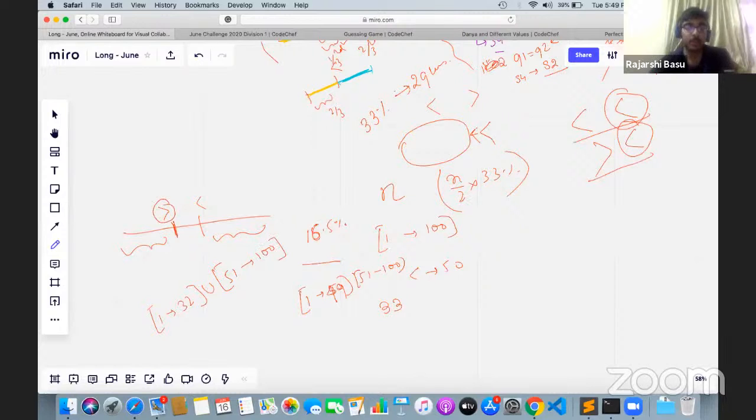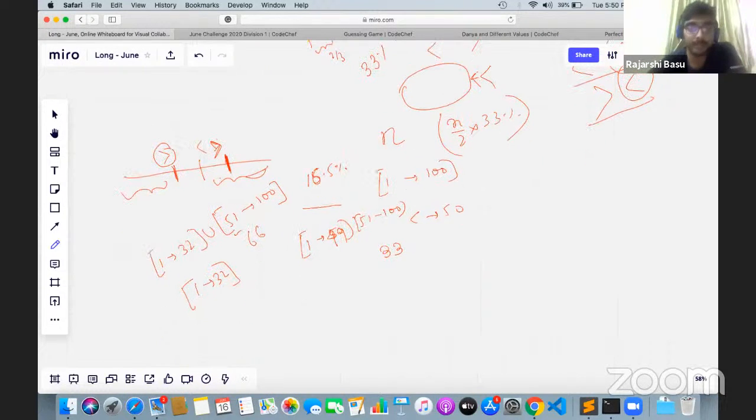Now where do you make the second query? You make it at the two-third position from the right, which is at 66, let's say. So 1 to 32. And let's say at the 66th position you had broken out of that case 2, you had got a favorable case 1 result. Then you will have been removing this portion, right?